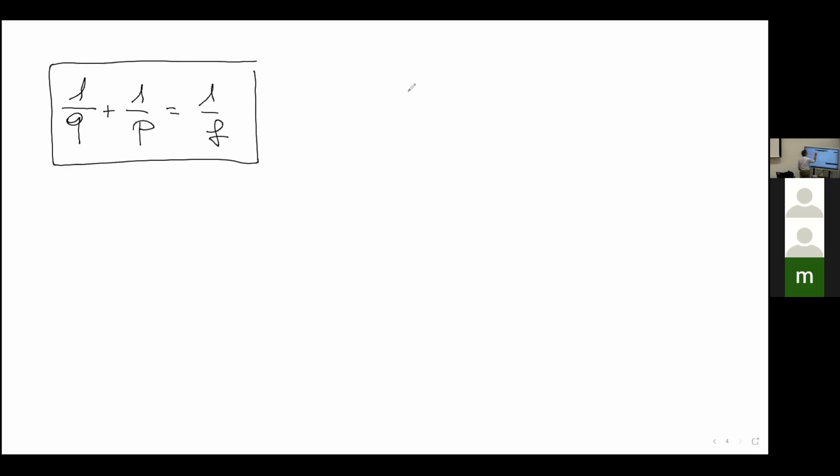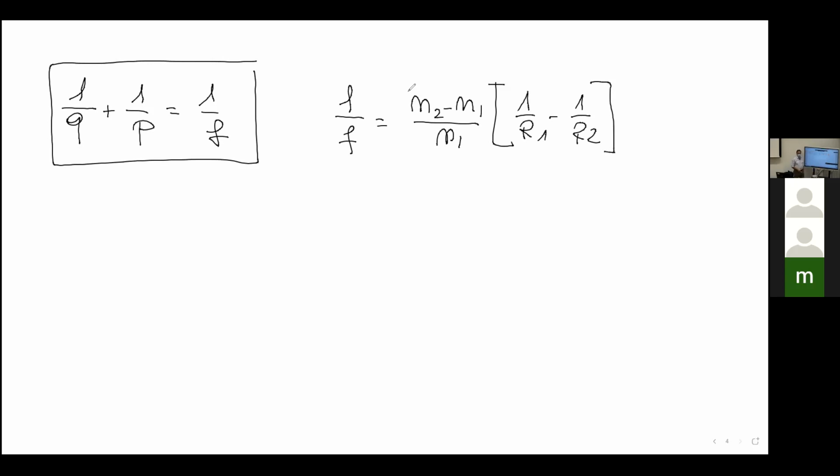1 over q plus 1 over p must be equal to 1 over f, where this 1 over f is n2 minus n1 divided by n1 times the difference here, okay?